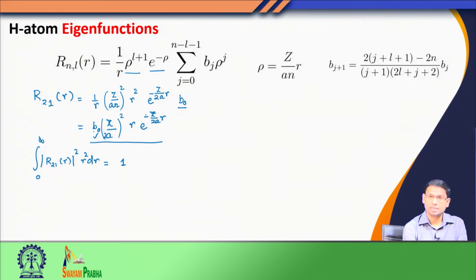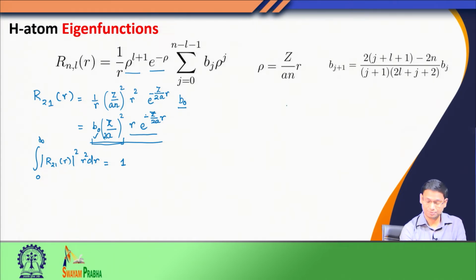This constant is obtained by normalization, multiplied by this term where Z is the nuclear charge and a is the Bohr radius. So, this is also a constant. These two terms are constants, and the functional dependence of this radial function is given by this equation over here. This shows that the radial function is r multiplied by an exponentially decaying function.